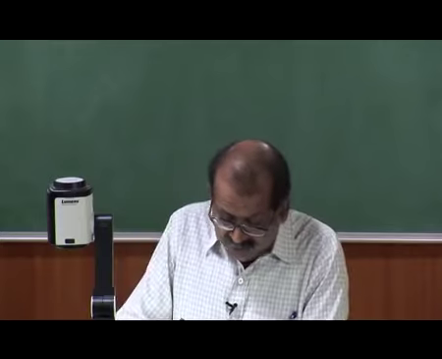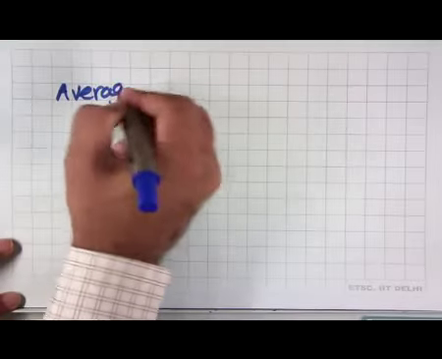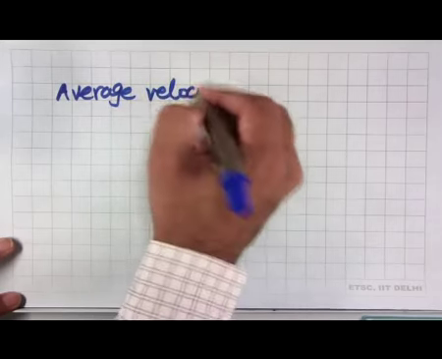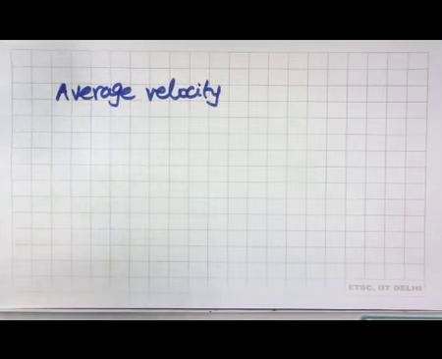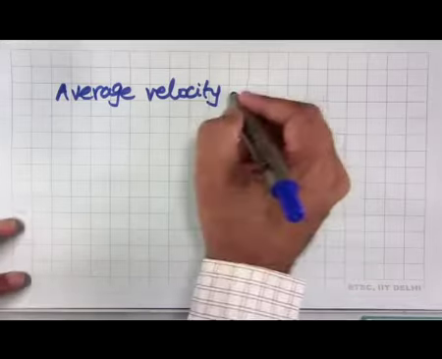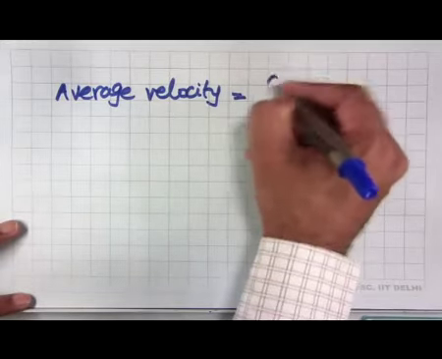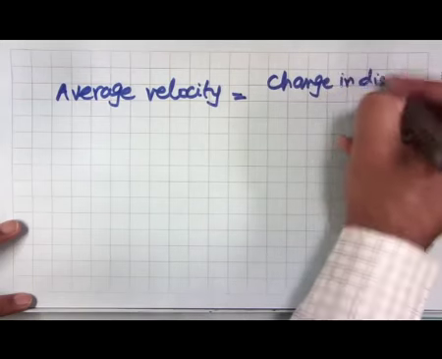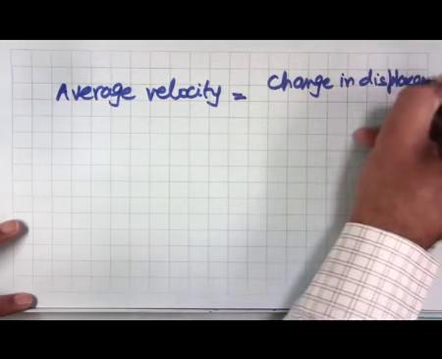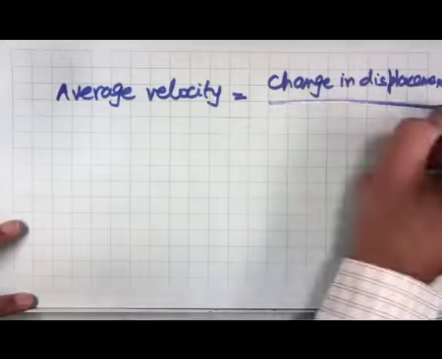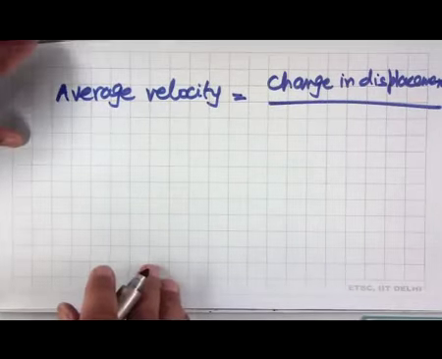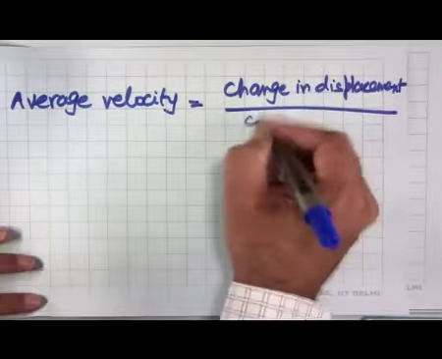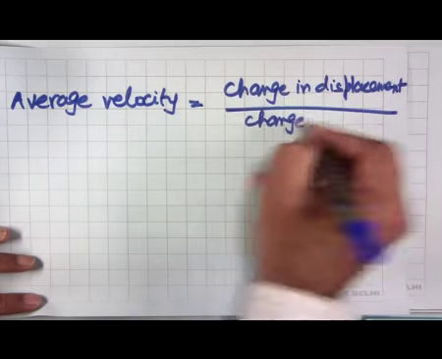First, we define a term called average velocity. And average velocity is equal to change in displacement divided by change in time.